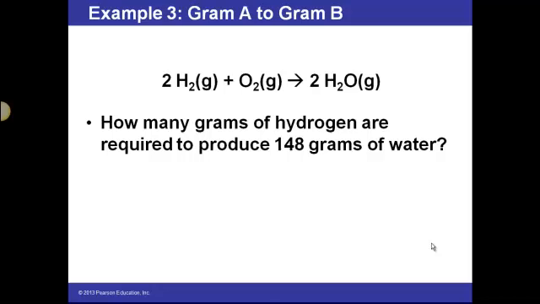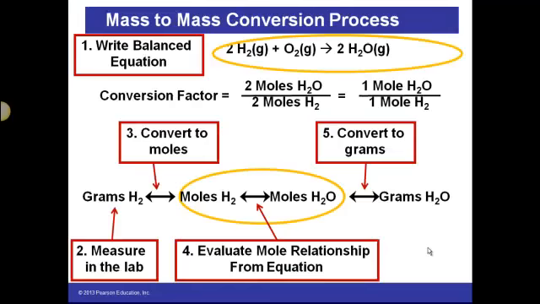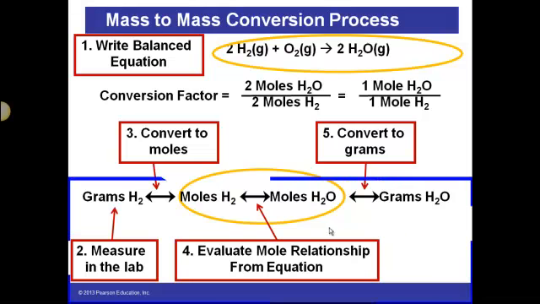So now we want to know how many grams of hydrogen are required to produce 148 grams of water. So this requires a gram to gram conversion, and we said we can't do that directly. We have to go through the mole conversions first. So we have to evaluate what we have still. That's going to require that we use this entire set here.